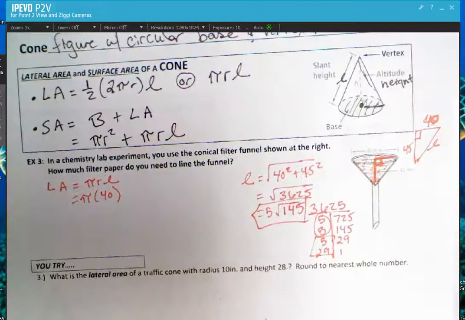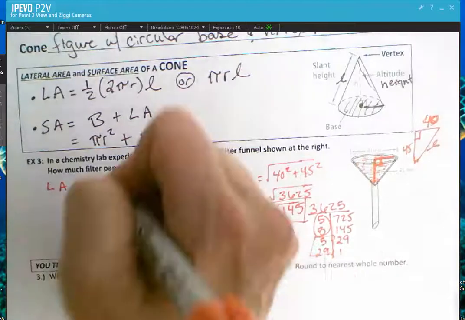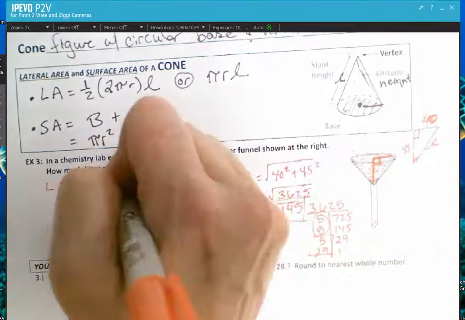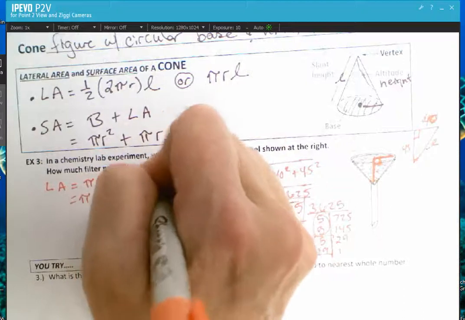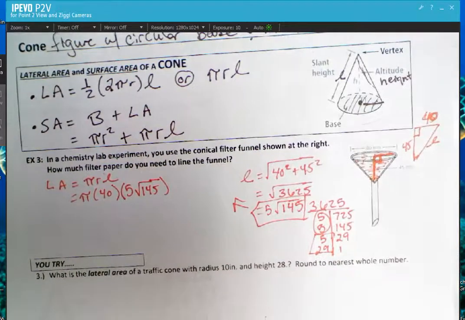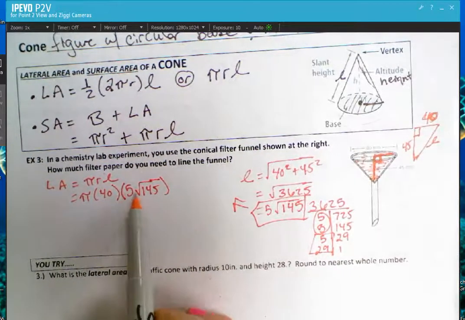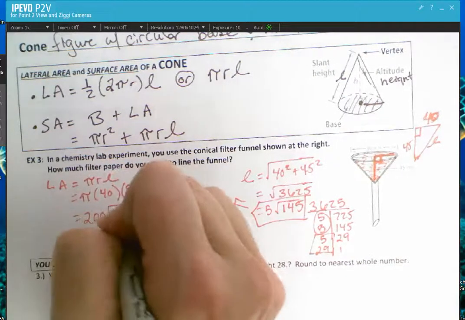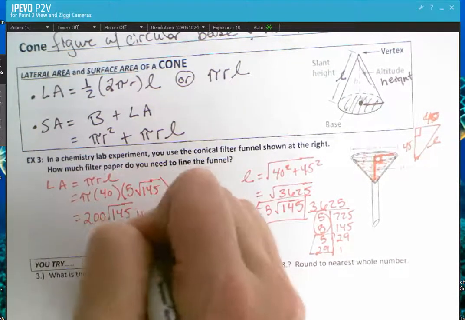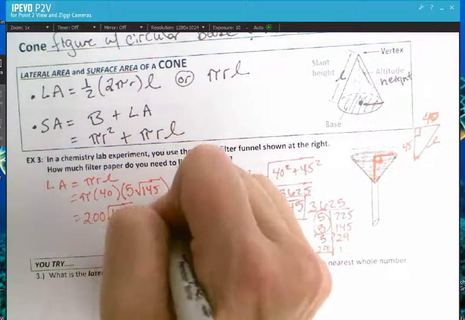So if it had asked you for the exact, I would take this l that I just found, substitute it in here, 5 radical 145. And I get 40 times 5, which is 200. The radical 145 comes along for the ride, and there's still pi in there, millimeters squared.